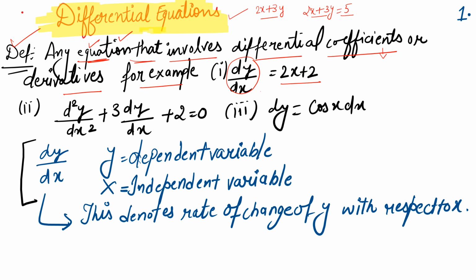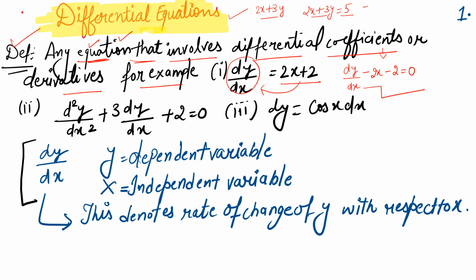It is just important that the equation involves a derivative. So for this equation, dy upon dx, when we take right hand side to left hand side, minus 2x minus 2 equal to 0. This is called a differential equation.